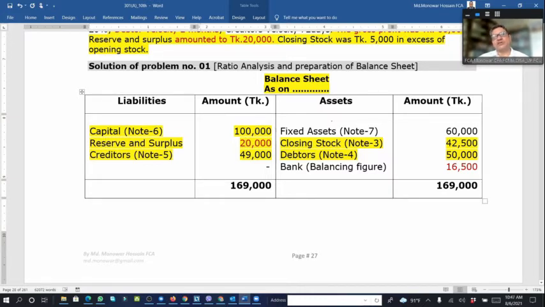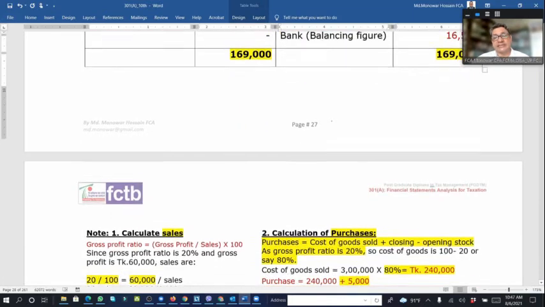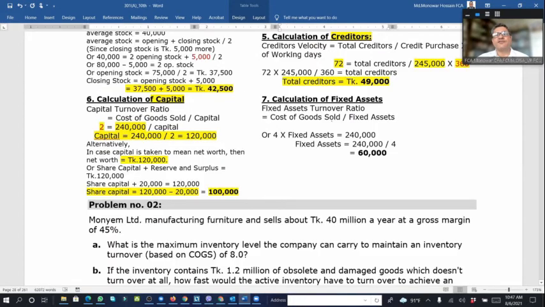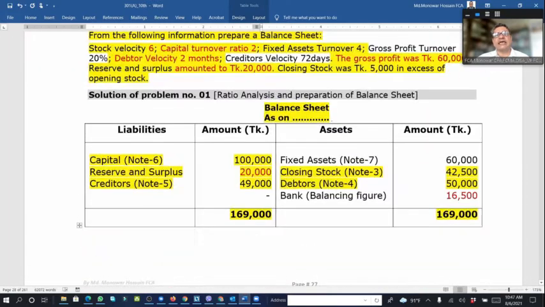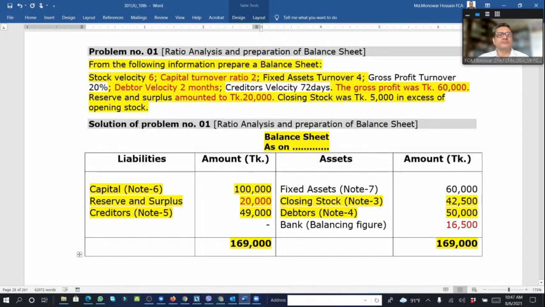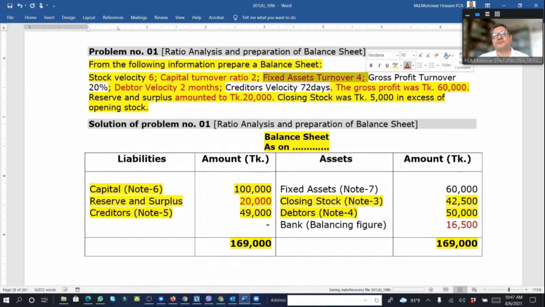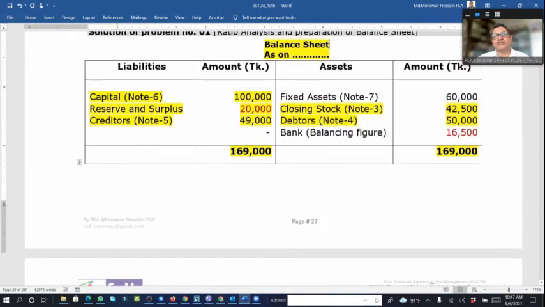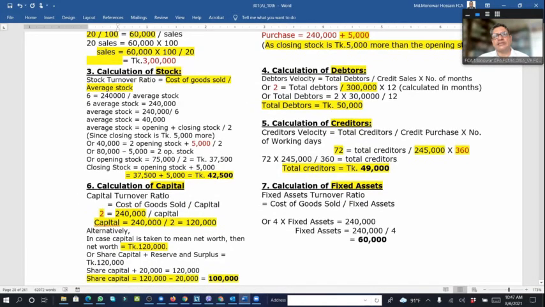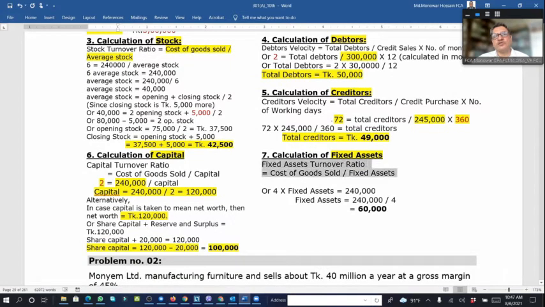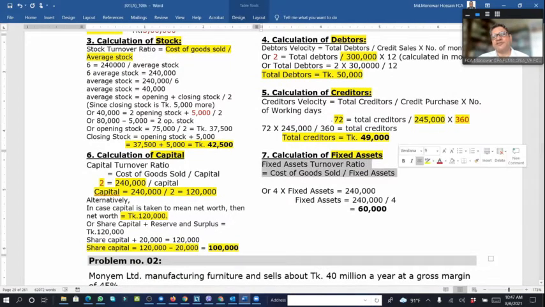So our liability side, if you add all liabilities, then here comes 1,69,000, and that should match our assets. Now a few items are needed for asset calculation. So look here, fixed asset. Fixed asset turnover, as mentioned in our question, is 4. If we place that 4 in our question, we know fixed asset turnover equals cost of goods sold divided by fixed asset.